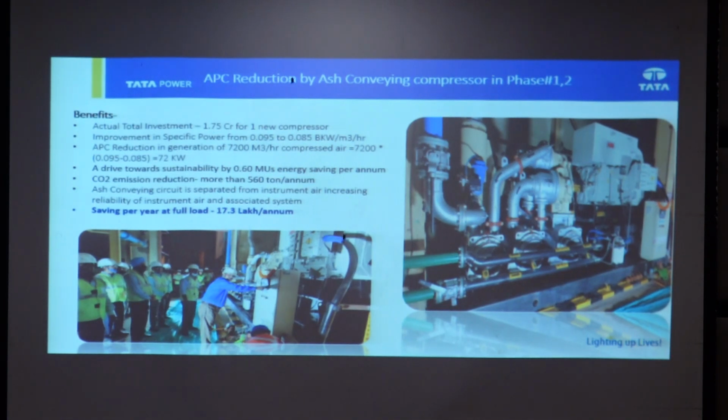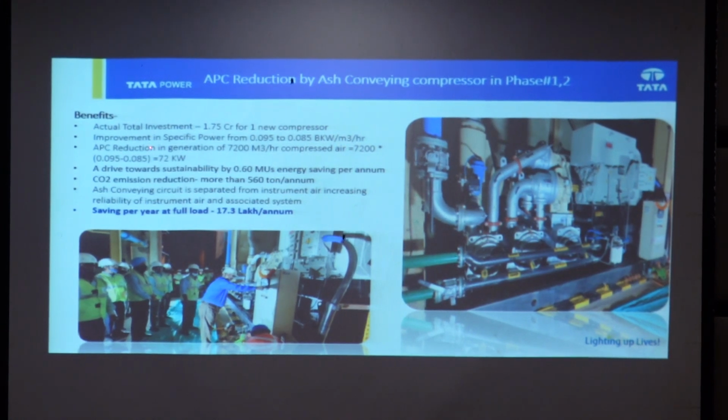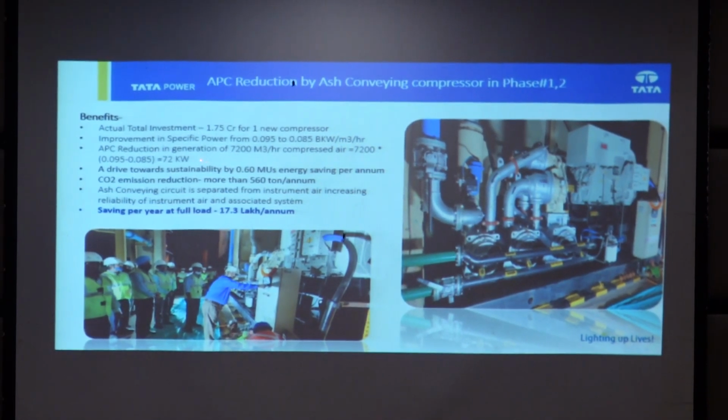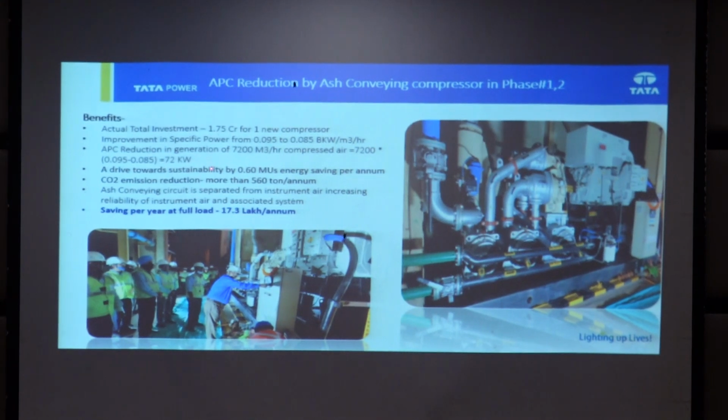The actual total investment is 1.75 crore for one new compressor. The improvement in specific power is from 0.095 to 0.085 brake kilowatt per cubic meter per hour. The APC reduction is almost 72 kilowatt per compressor. It drives sustainability with 0.6 million units energy saving per annum.